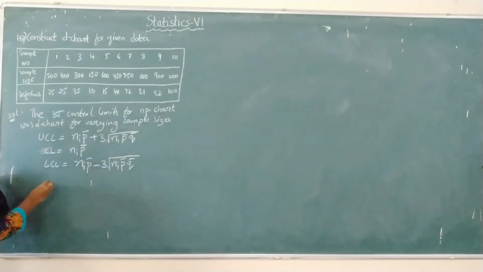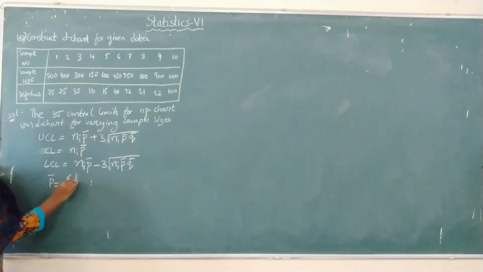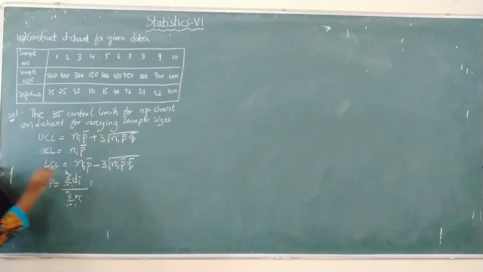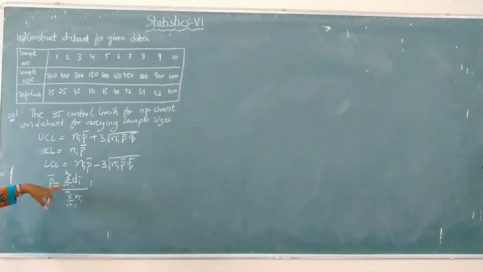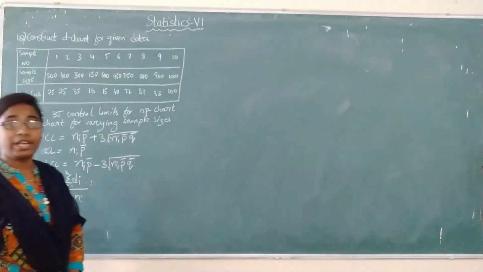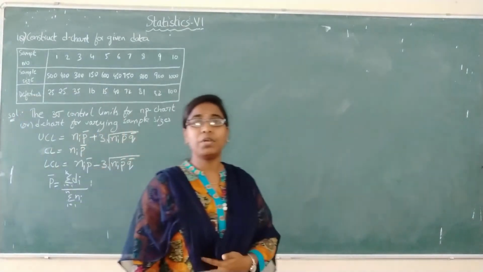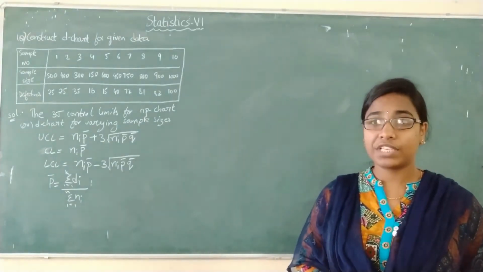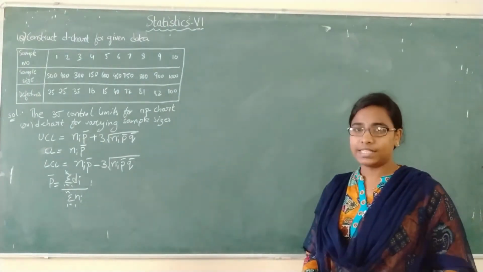So what is P bar here? P bar equals summation of DI, I equals 1 to k, divided by summation of NI. That means we want the summation of DI and summation of NI, and for each sample you have to calculate a separate UCL, separate CL and separate LCL also.